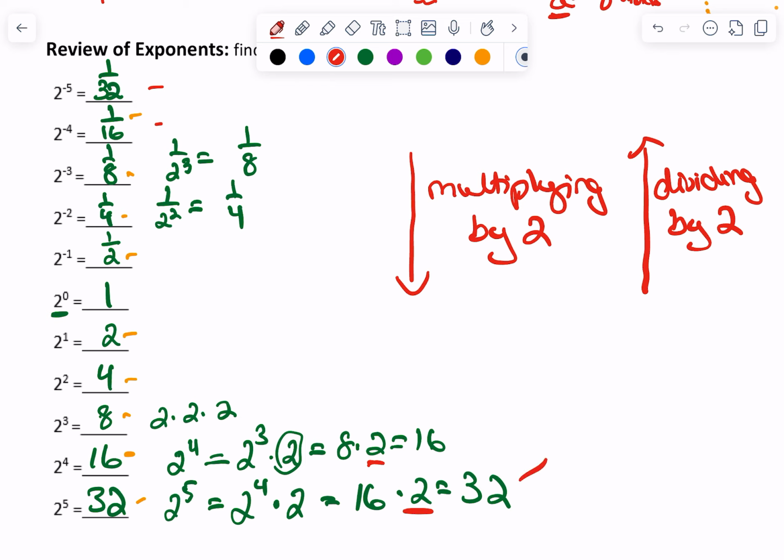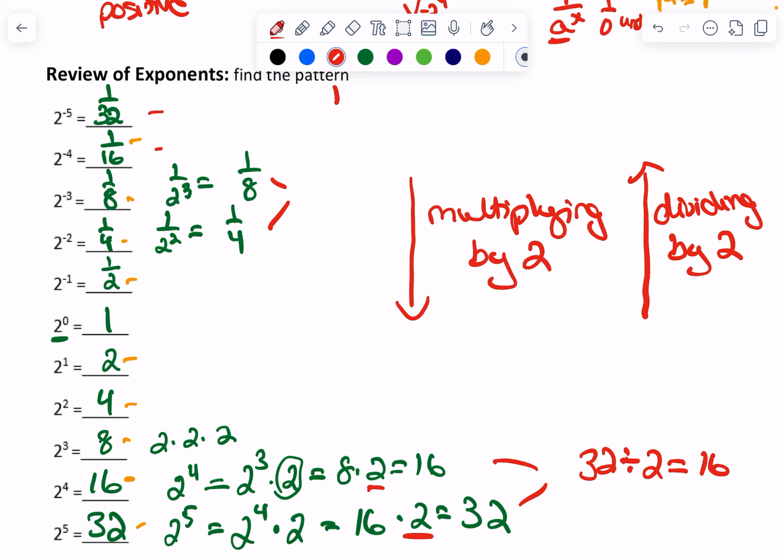That's easy to look at over here. For example, 32 divided by 2 is 16. On the other end, it's not as easy. Let's take 1/8 and 1/4. We are taking 1/4 and dividing that by 2.